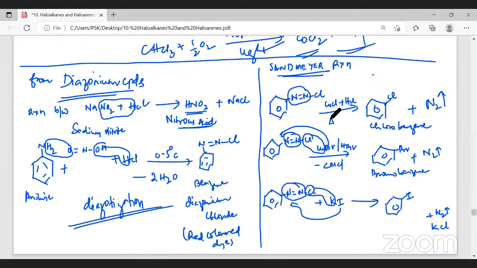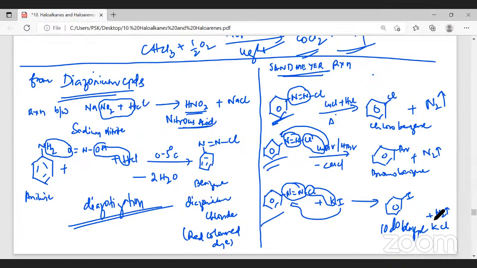All these 3 reactions are called Sandmeyer reactions. Freshly prepared benzene diazonium chloride treated with copper chloride and HCl gives chlorobenzene, with copper bromide and hydrogen bromide gives bromobenzene, and with potassium iodide gives iodobenzene. All these are examples of haloarenes.